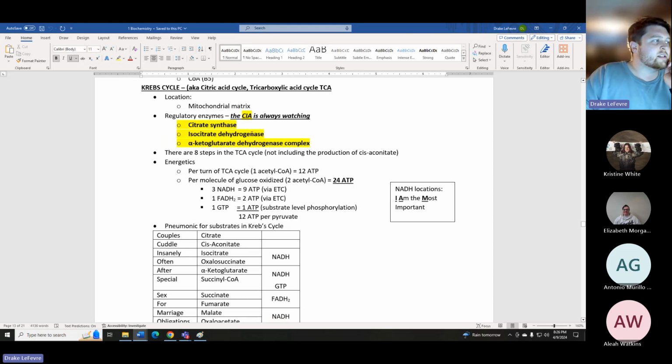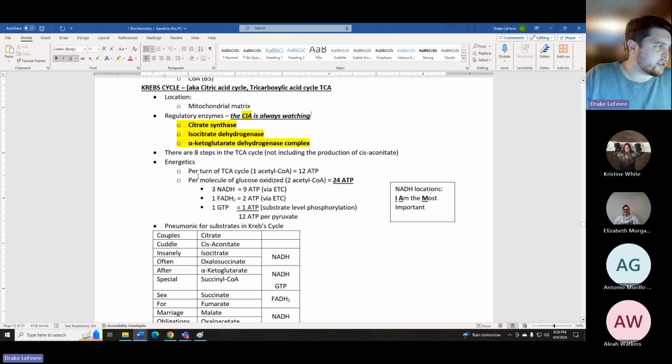The regulatory enzymes, the 3 enzymes we really want to remember that he's most likely going to ask questions about. The CIA is always watching. We have citrate synthase, isocitrate dehydrogenase, and the alpha ketoglutarate dehydrogenase complex. So the CIA is always watching is a way to remember that. There are 8 steps in the citric acid cycle.